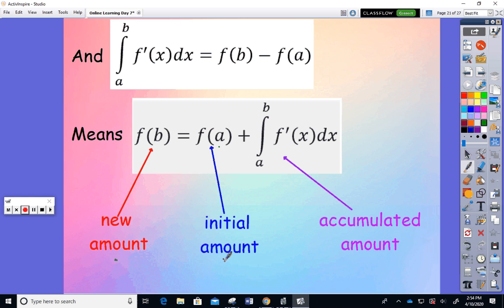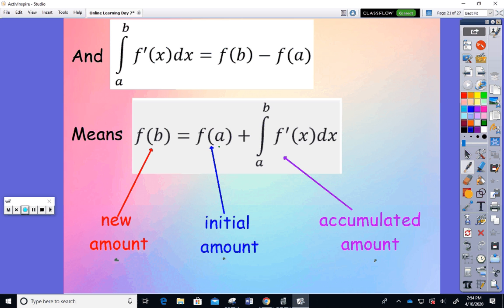So I might say, well, my new position is equal to my starting position plus my displacement. That's a common question on these. Or my new velocity is equal to whatever velocity I started at plus my accumulated velocity. So if I started at 45 miles per hour and I accumulated 10 miles per hour, then my final velocity is 55 miles per hour.